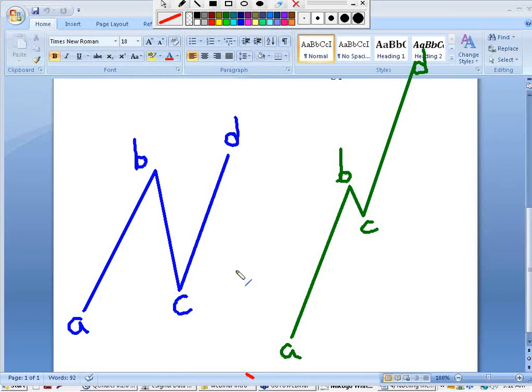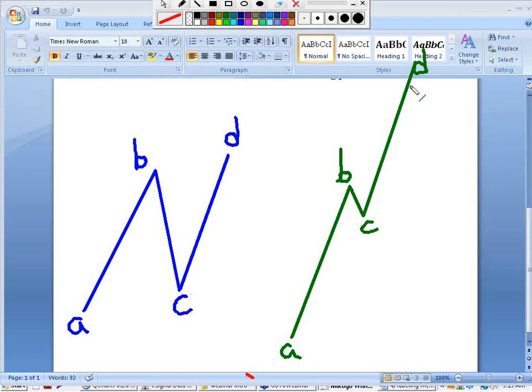Because there's a theory that says the CD leg, which is the follow-through leg, should be equal to AB. Now, you'll see later how that's not always the case. But in general, if CD were to equal AB, you would want the pullback to be very small, like here.